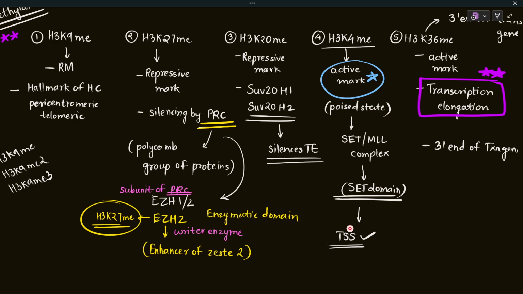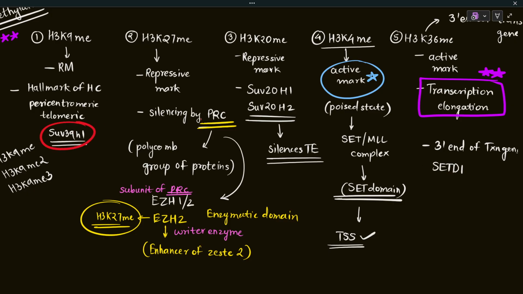Like I just told you, the writer enzymes: the K9 methylation is done by SUV39H1, and the H3K20 methylation is done by SUV20H1. The H3K4 methylation is done by the SET or MLL complex, while H3K36 methylation is done by the SETD1 enzyme. You don't really need to memorize this one, it's just for info.